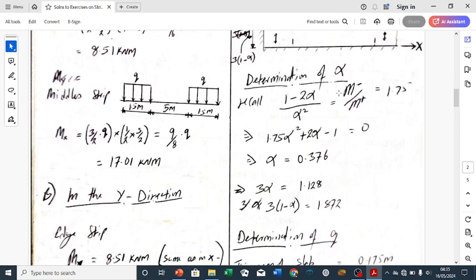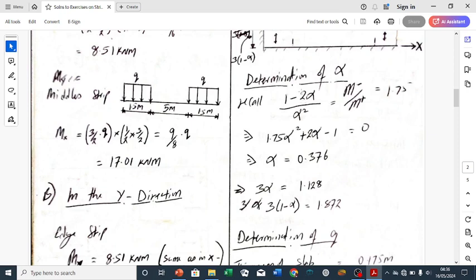The simplest way to calculate the value of alpha is to use that equation 1, which I advise you to memorize. The equation says that the ratio of the support moment, that is the negative support moment, to the positive span moment is usually 1 minus 2 alpha all over alpha squared. And in the question, we were told that this ratio is 1.75.